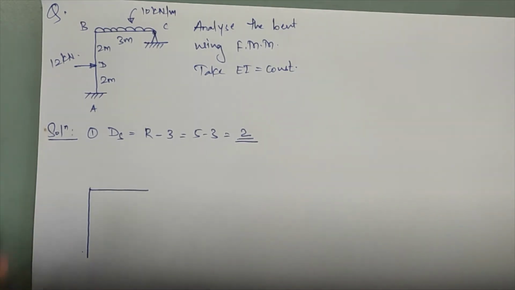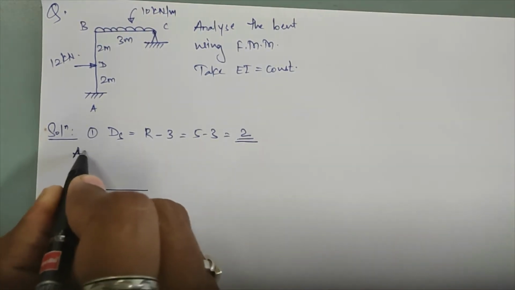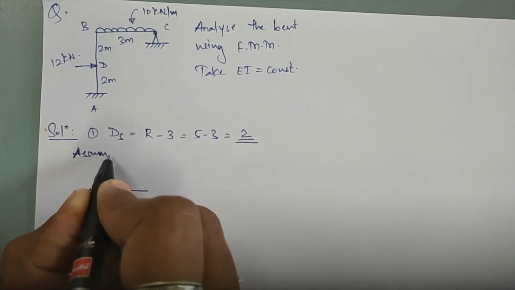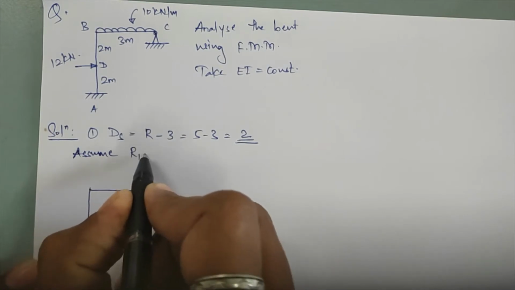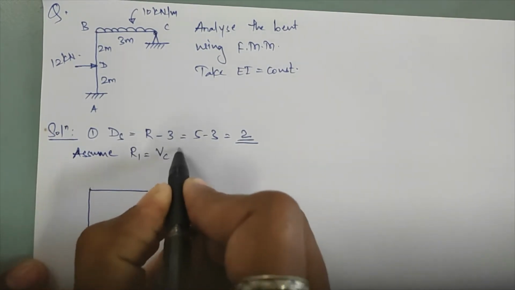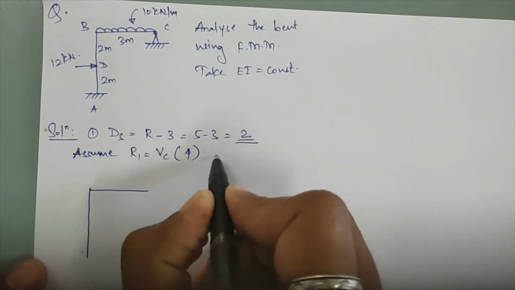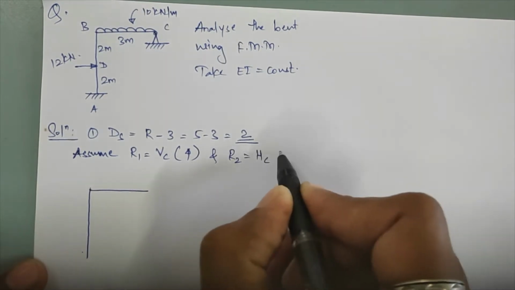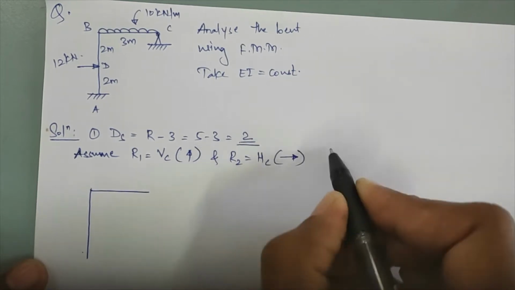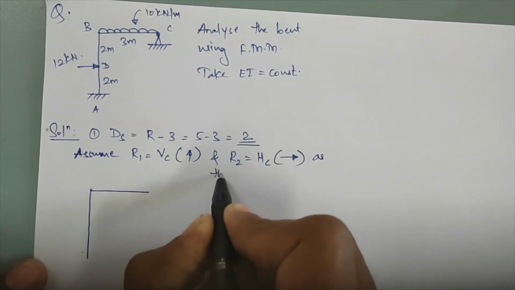So I will assume R1 equal to the vertical reaction at point C in the upward direction, and R2 as the horizontal reaction at point C in the rightward direction, as the redundants.